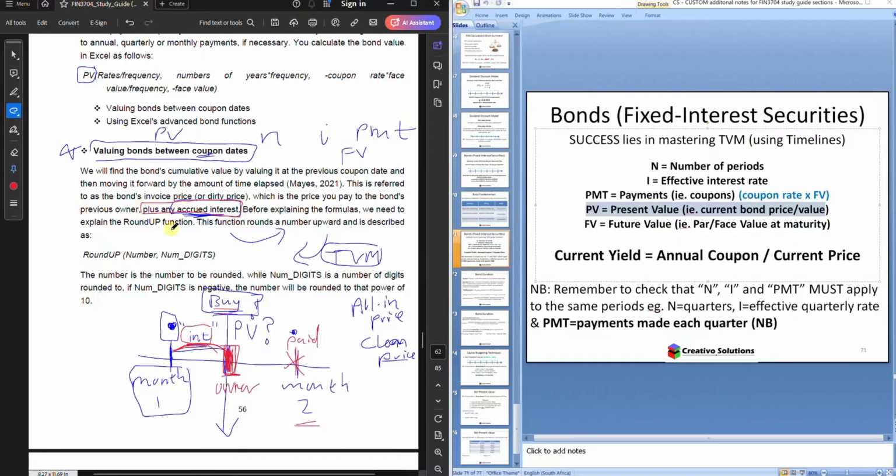Whenever a bond is calculated, it's always moved to a specific point in time, either the beginning of the month, or before the coupon, or on a specific date. Then you need to provide for this accrued interest as an additional amount, based on the information in the question or the timing that's present, because this price needs to be calculated based on the current prevailing interest rates.